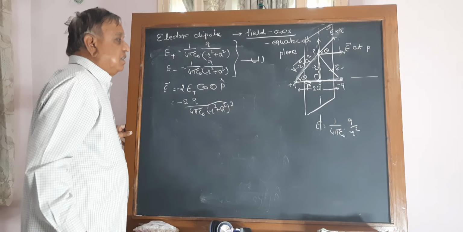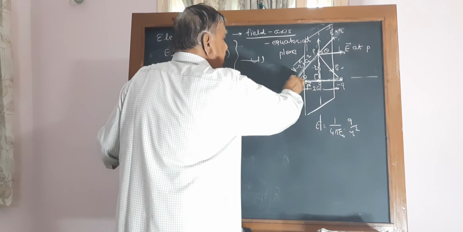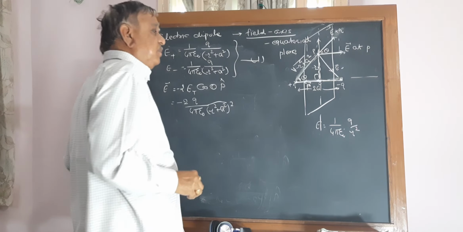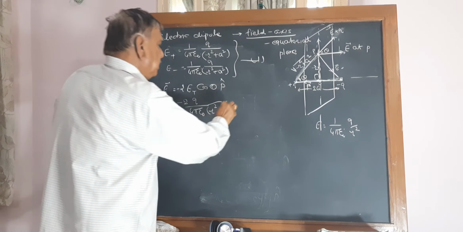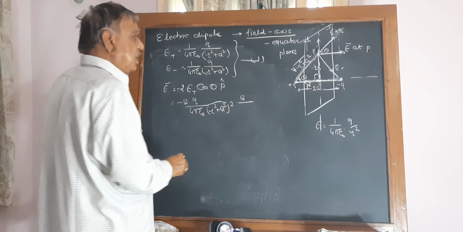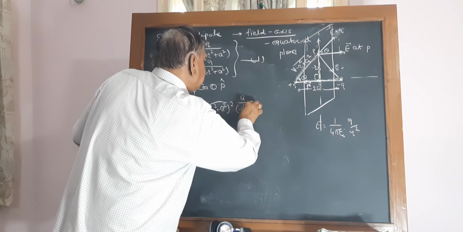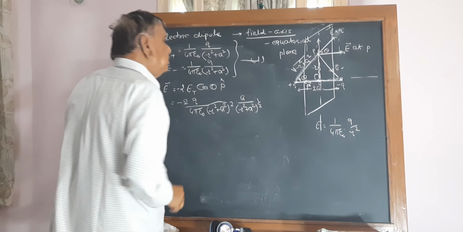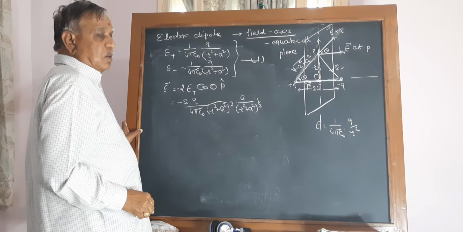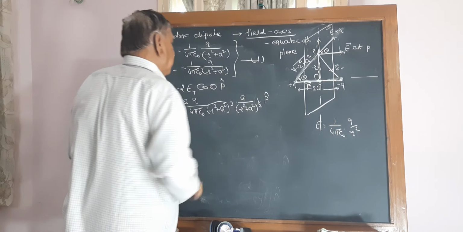From the figure, cos theta is adjacent upon hypotenuse. Adjacent means A upon hypotenuse, which means R square plus A square raised to 1 by 2, and opposite to P caret, so minus P caret.